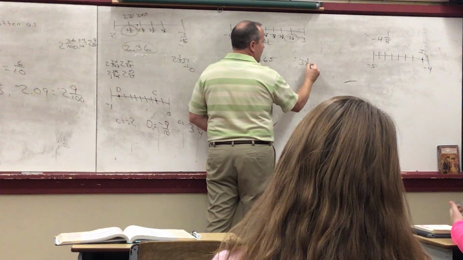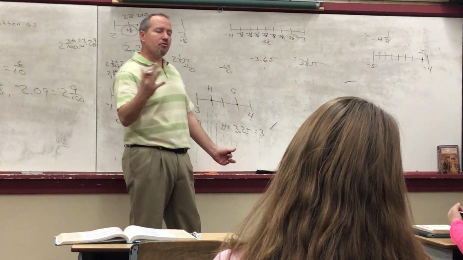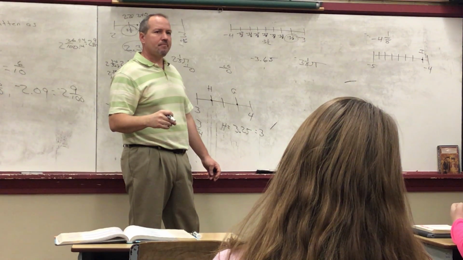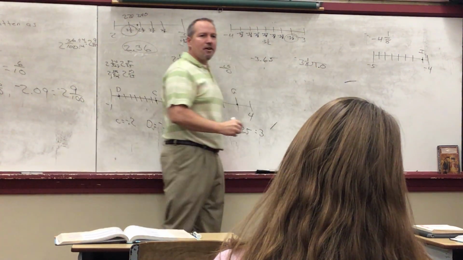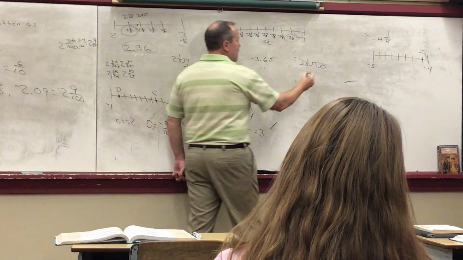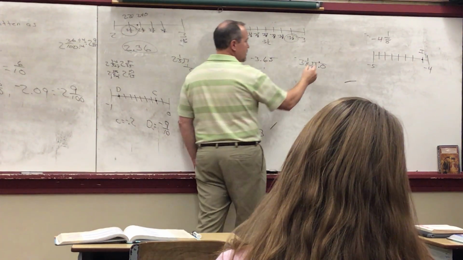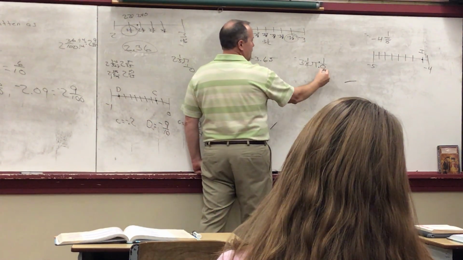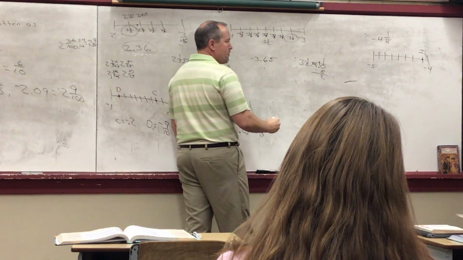I divide the top by the bottom, change it to a decimal, right? You understand that? Does 8 go into 1? No. So I put a decimal and add a 0. Okay? Now I move that decimal up. 8 goes into 10 how many times? 1. 1 times 8 is 8. Subtract. And I get 2.